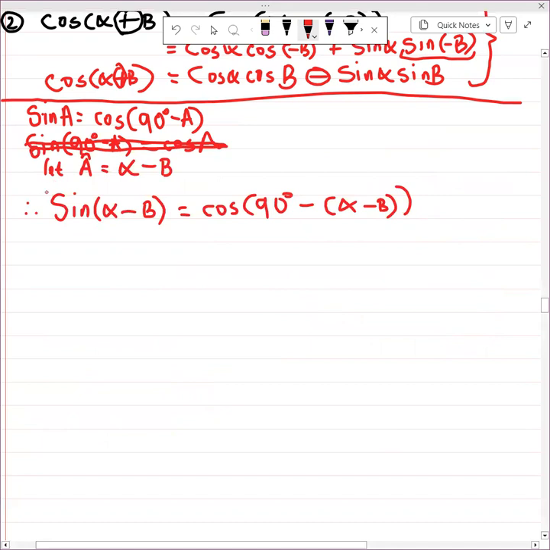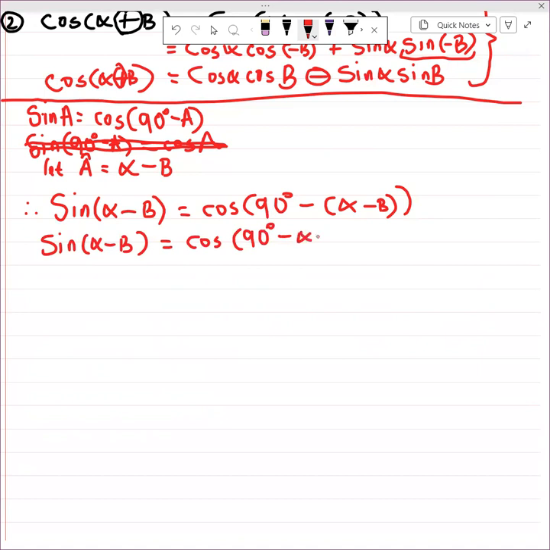Perfect. And then this is basically sine of alpha minus beta equals cos of 90 degrees minus alpha plus beta. Here, remember, there's an invisible one here, so I'm basically distributing the -1 inside. -1 times alpha is just negative alpha, and then -1 times negative beta is positive beta.